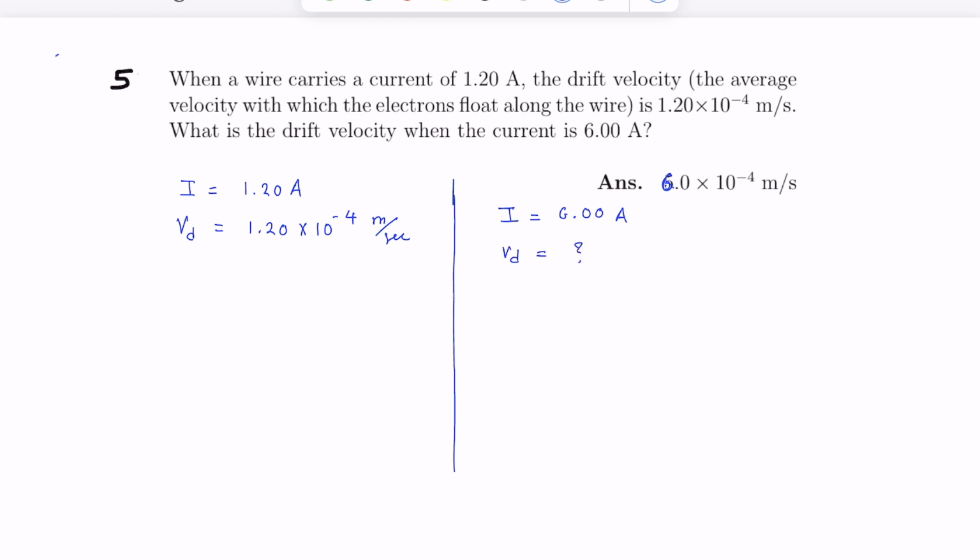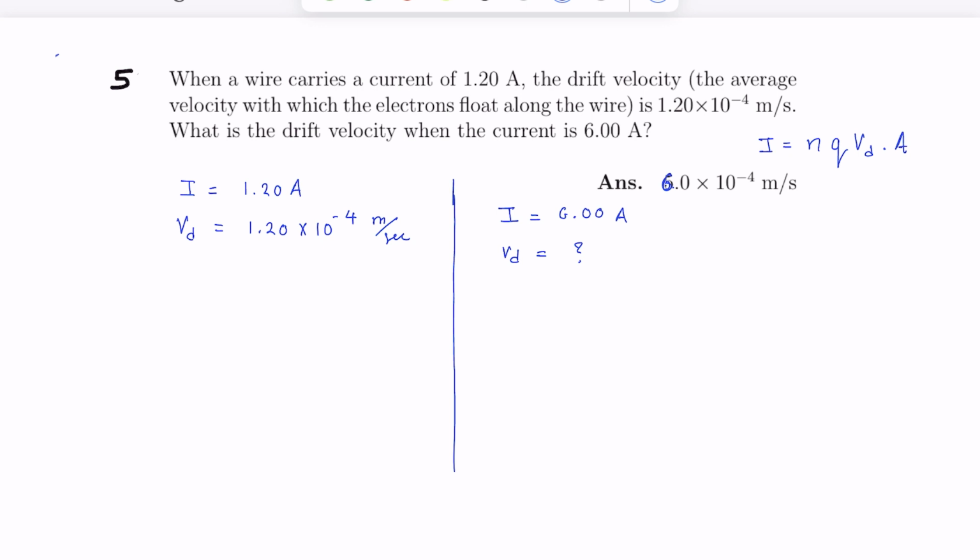Okay, so we're going to use the formula: current I is equal to number density, that is number of these charges per unit volume, times the charge on one single particle, times the drift velocity, times the cross-sectional area.